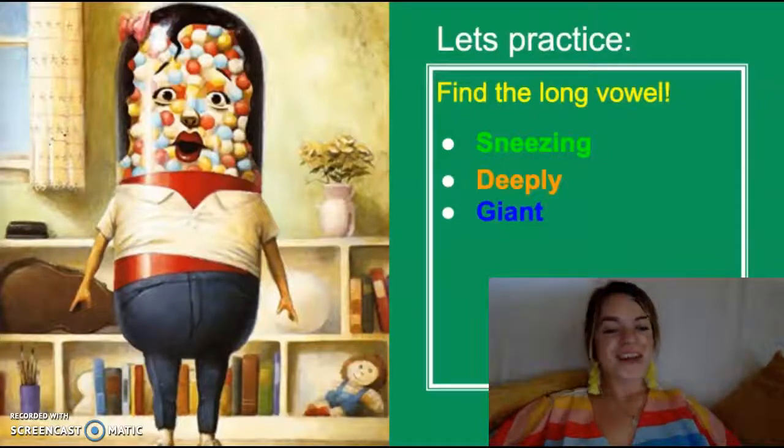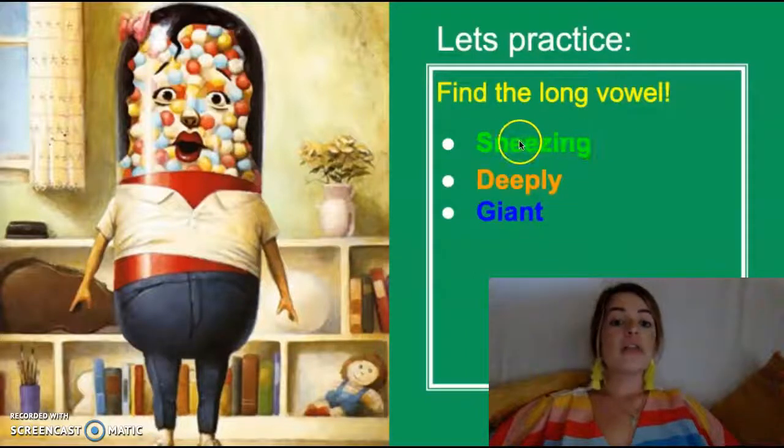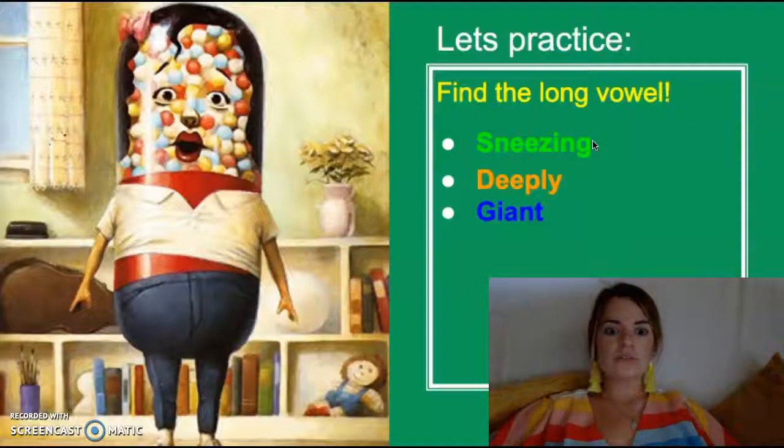So now let's go ahead and do this together. So starting with sneezing. Okay, now let's say that slow. S-n-e. I already hear something saying its name. S-n-eezing. It's the E. So the E is our long vowel.